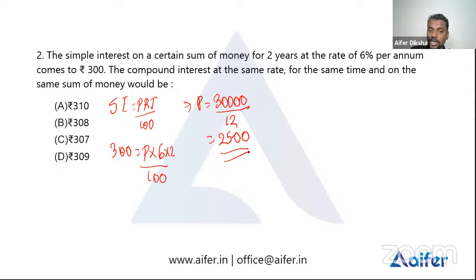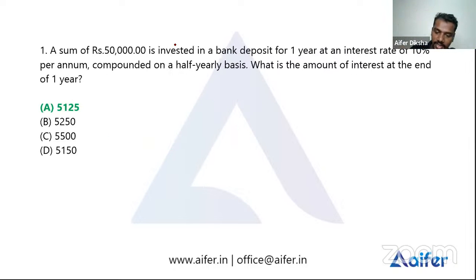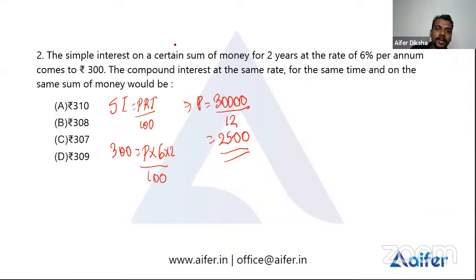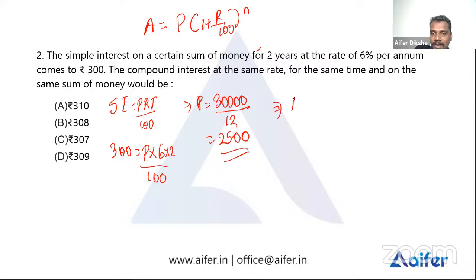So we have the equation for compound interest: amount equal to P into 1 plus R by 100 all raised to N. Here amount equal to 2,500 into 1 plus 6 by 100 all raised to 2.